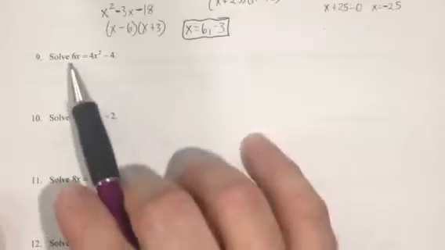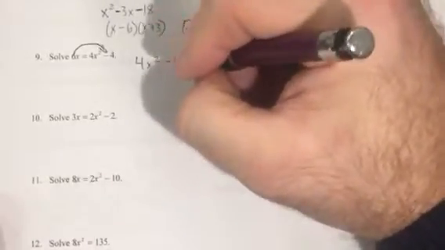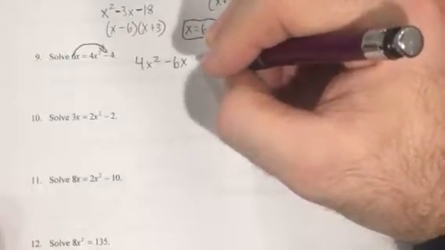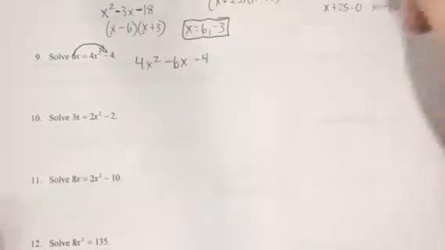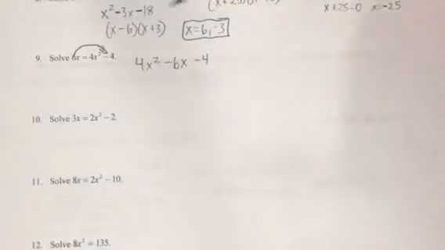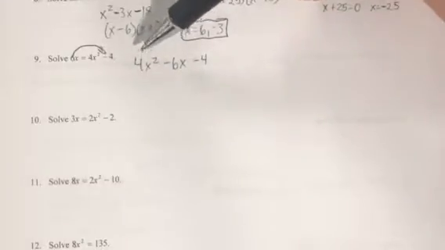I'm going to move the 6x, so now I have 4x squared minus 6x minus 4. Now, I have an a part that is other than 1. So what am I going to need to do?